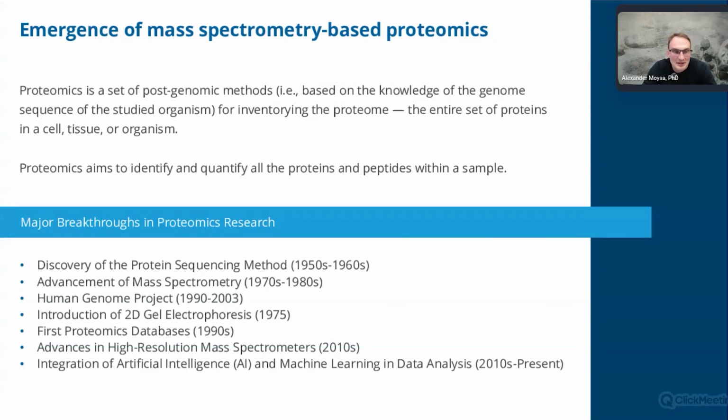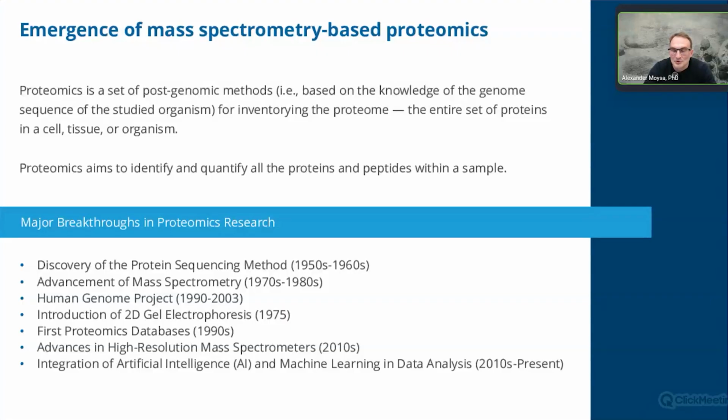Proteomics is the science and methodology of the study of the proteome. The emergence of mass spectrometry-based proteomics was driven by several key scientific and technological advances. Advancements in genomics, in particular the sequencing of DNA, allowed the prediction of protein sequences.